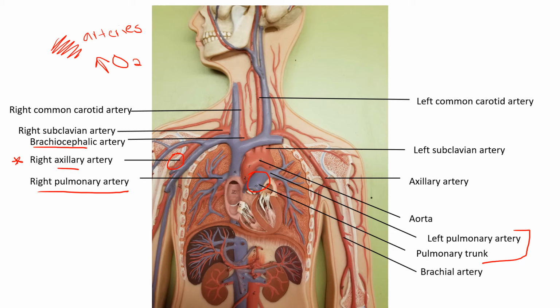Brachiocephalic just means head and arm, well, arm and head, so brachio and cephalic. And I think you can just write these down as you go. If you want to pause this slide and write them down, that's perfectly fine. I'm not going to go over every single one because it would just be me reading to you. But these are all of the arteries in this chest area that I want you to know.